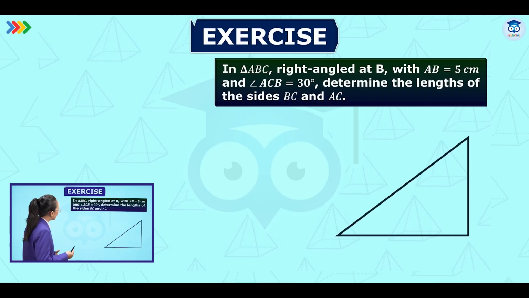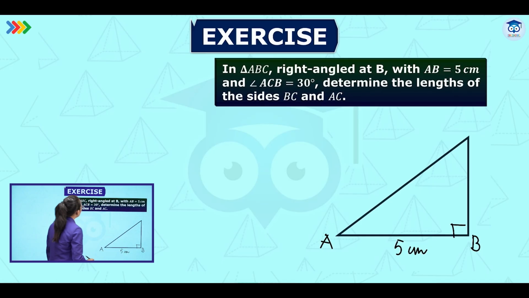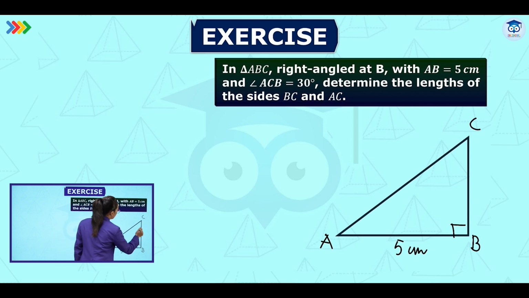In triangle ABC, we have a right angle at B. AB is 5 centimeter, and angle ACB, this is C, is equal to 30 degree.